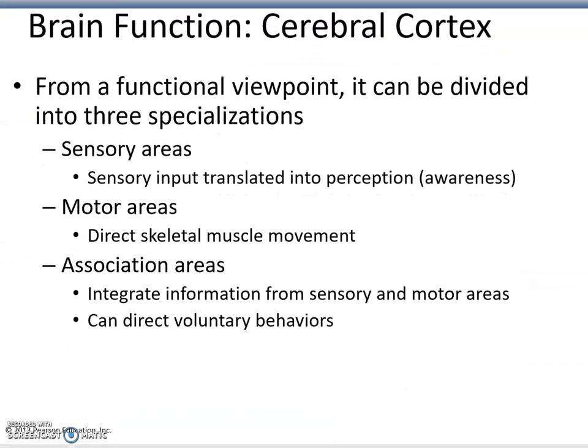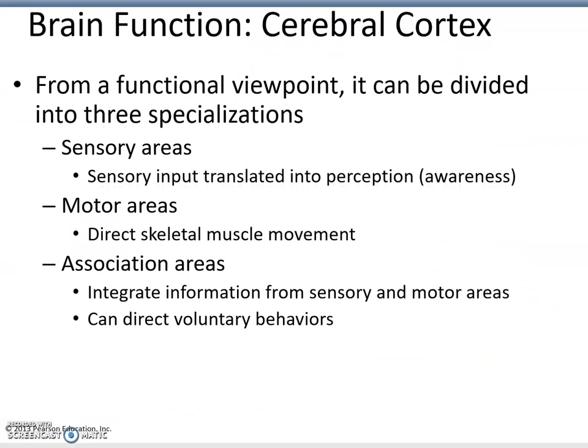Okay, the cerebral cortex. This is a huge area. This would be worth a whole course, but oh well, for what it's worth. Let's just divide it up into 3 areas or 3 specializations: the sensory area, the motor area, and then association areas.